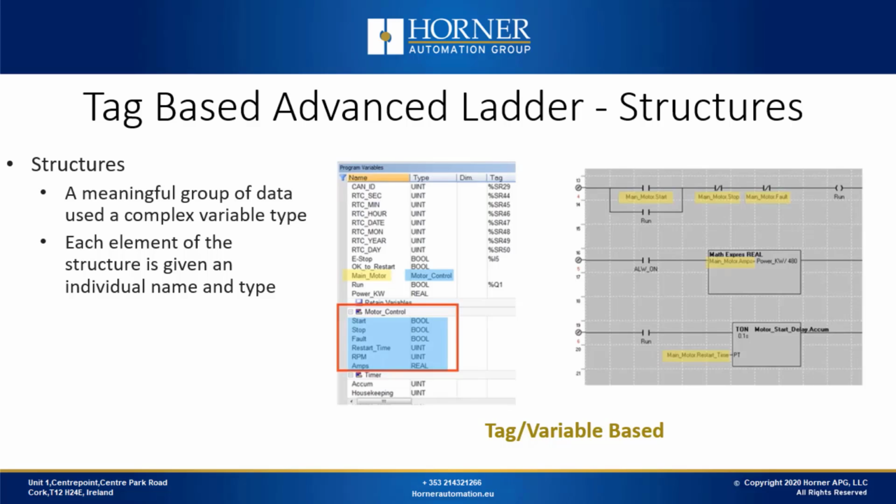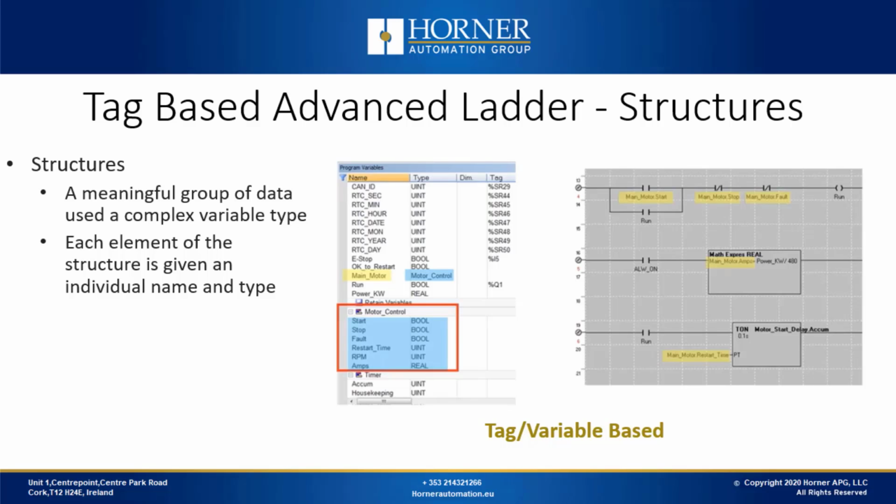After you create a structure, such as motor_control, you can use it as a type as you create new variables. If you look at the red box highlighted in yellow, you'll see main_motor with data type motor_control. So now, the variable main_motor has all the different elements of motor_control included in it.